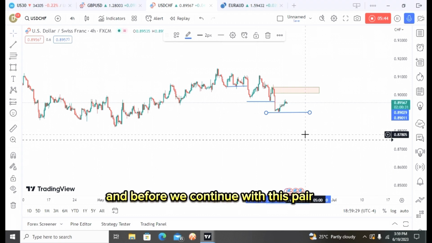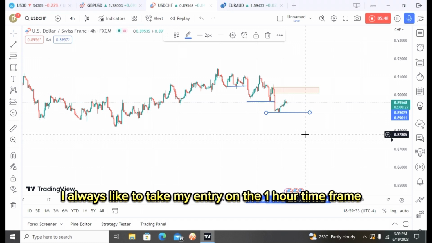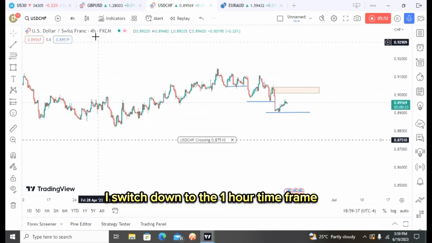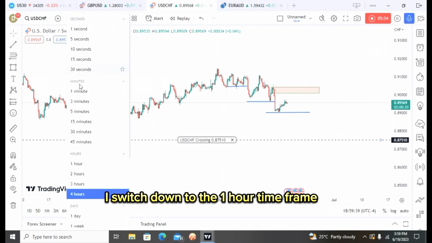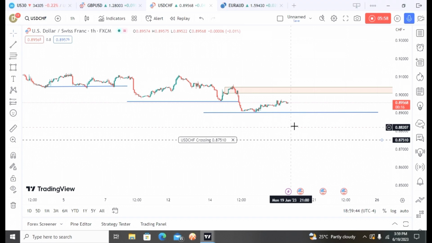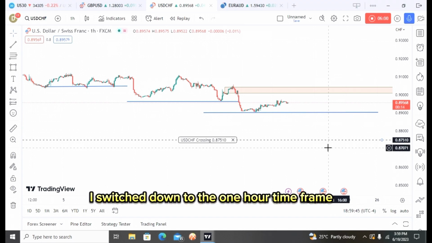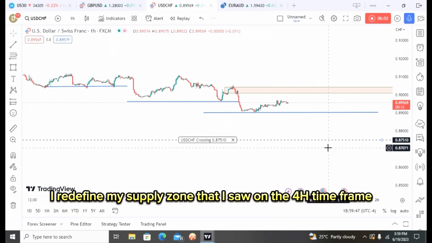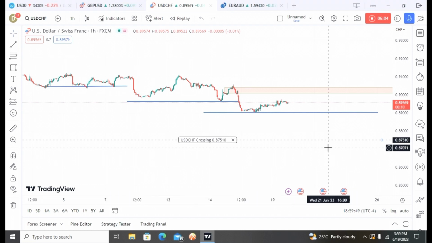And now before we continue with this pair, I always like to take my entry on the 1 hour time frame. So I switch down to the 1 hour time frame and redefine my supply zone that I saw on the 4 hours time frame.